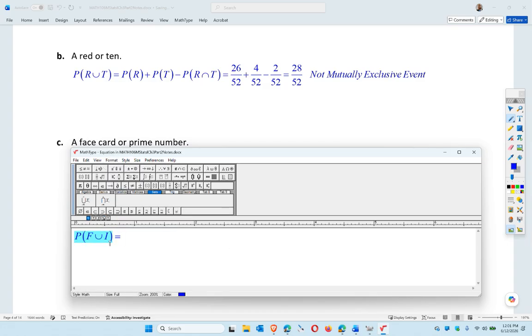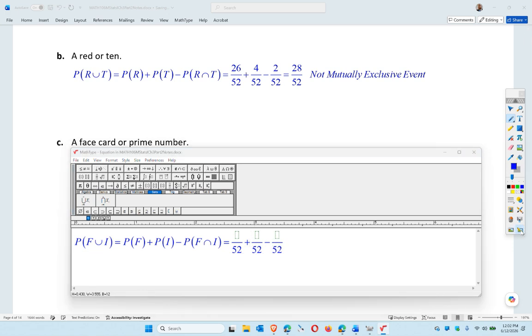So we're going to do this plus this. So it's the face card or a prime minus the overlap, which is AND, right? Okay, so let's think about our probabilities here. So plus a fraction minus a fraction, and obviously these are all out of 52.